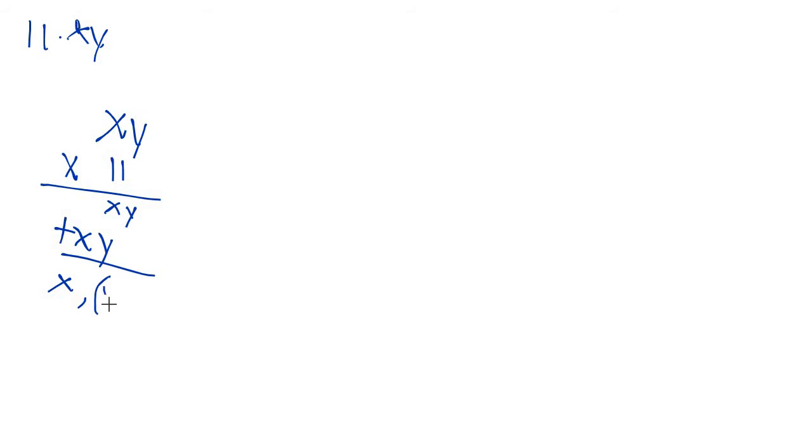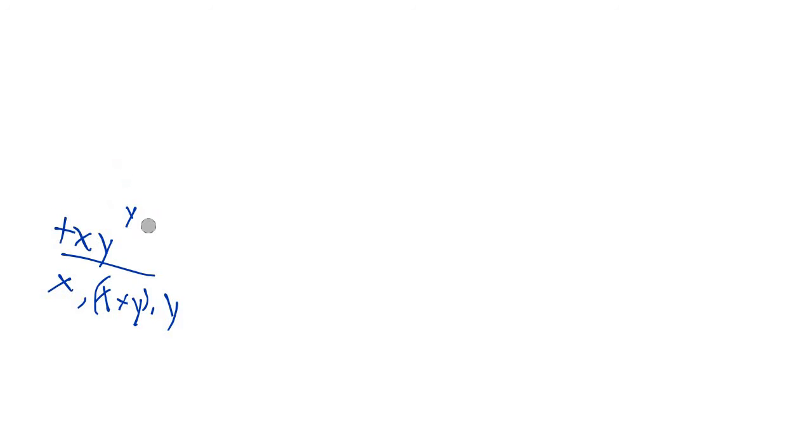The second digit is x plus y. And the last digit is y. And that is exactly what we got before, because this is x plus y, this is y, and this is x. So now that we've got that cleared up, what else can we do with multiplying by 11?